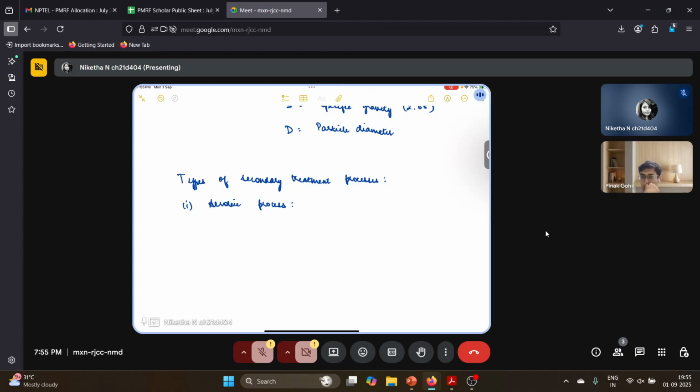In aerobic processes, there is oxygen present, and whatever organics are there are converted into carbon dioxide and water. In anaerobic processes, this takes place without oxygen, so whatever waste is there will be converted into methane and carbon dioxide.